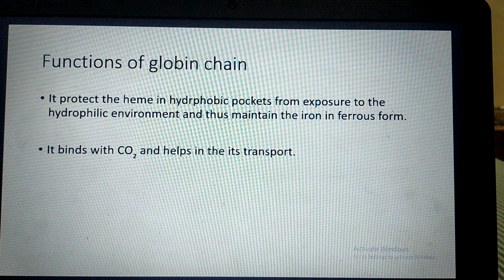So whenever there is exposure of heme to a hydrophilic environment, the iron gets converted into ferric form, and this ferric form of iron does not carry any oxygen. So the globin chain protects the heme from the aqueous environment. The second function of the globin chain is that it binds with the carbon dioxide molecule and helps in the transport of carbon dioxide. That we will see in detail when we study transport of gases.